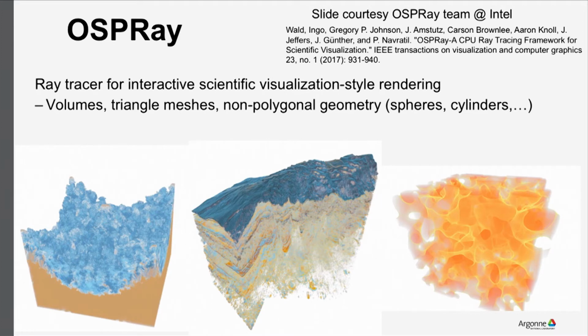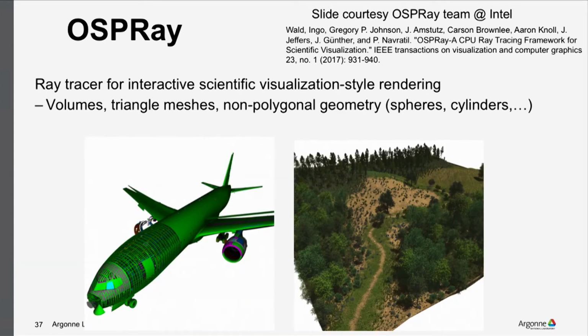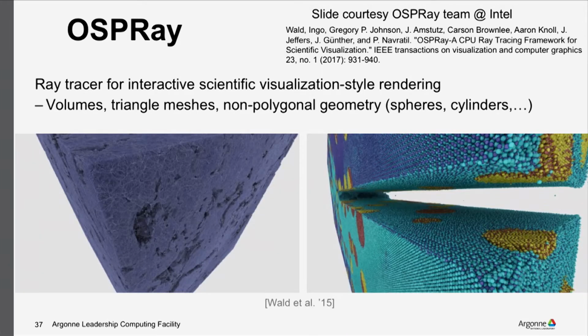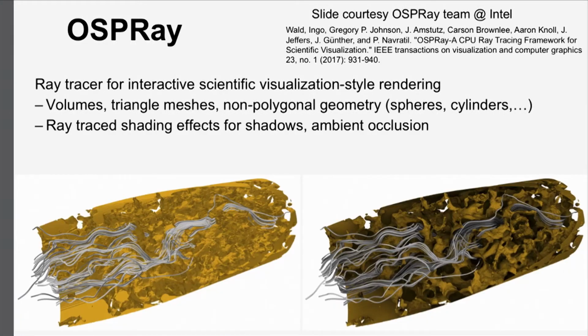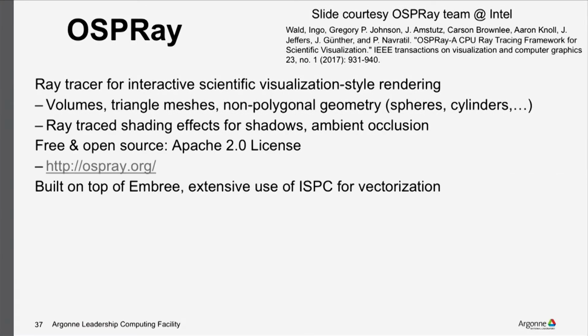This is a ray tracer, highly optimized for Intel CPUs and Intel architectures. They can do pretty much everything a ray tracer can do. I borrowed this slide from the Intel folks. Lots of different visualization techniques available there.